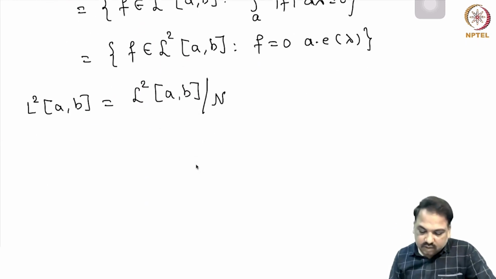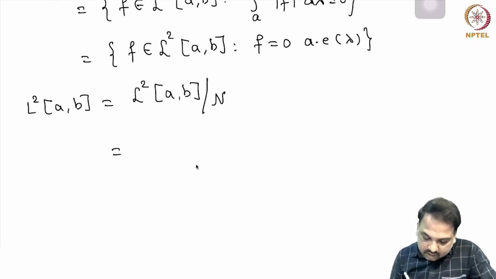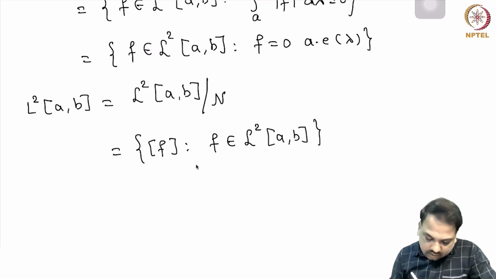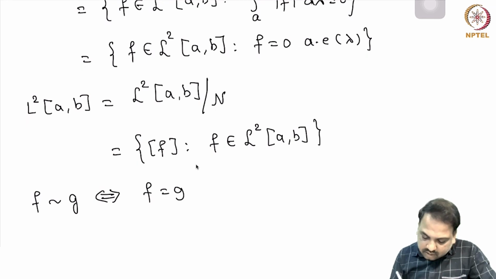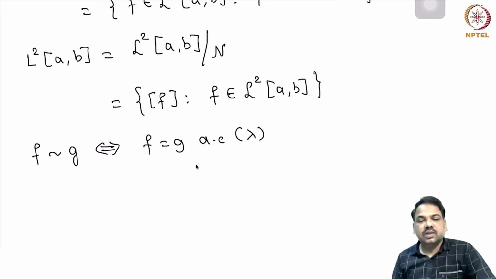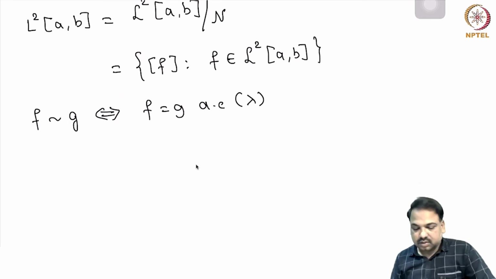So this consists of equivalence classes where f is coming from script L2[a, b]. Here f is related to g if and only if f equal to g almost everywhere with respect to the Lebesgue measure, or f minus g equal to 0 almost everywhere with respect to lambda.